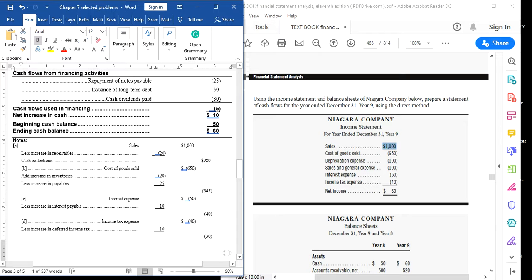Okay, so 20 out of 1000 sales have been sold on the account receivable. We didn't receive cash out of it. Okay, we are expecting to receive it in the upcoming periods.